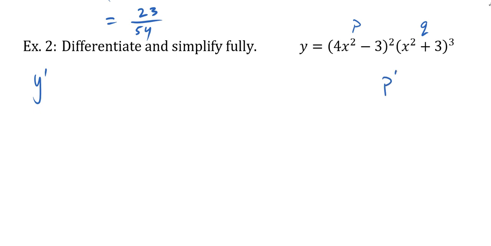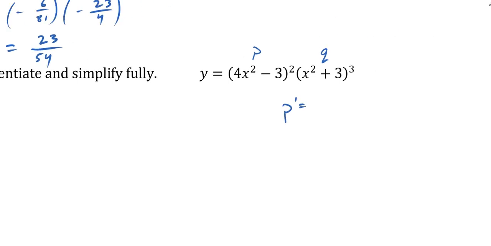I can do this off to the side, find the derivative of p. So I bring the 2 down. This is p here, right? So I bring the 2 down, multiply by 4, and then the inside doesn't change, and that's to the 1, and now I multiply by the derivative of what's inside. And I'm going to simplify it.